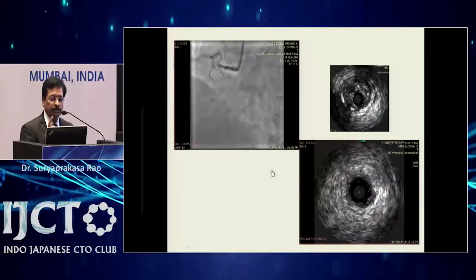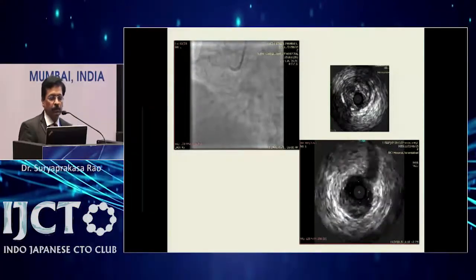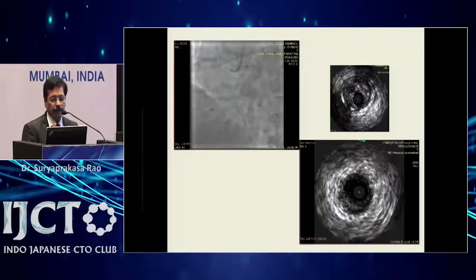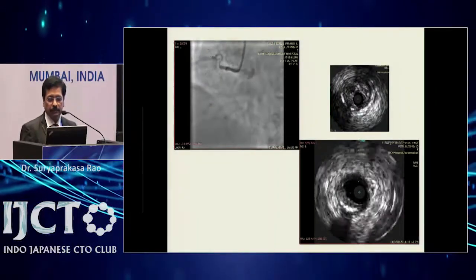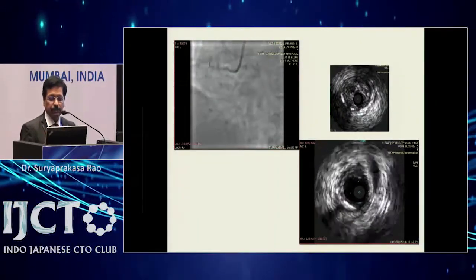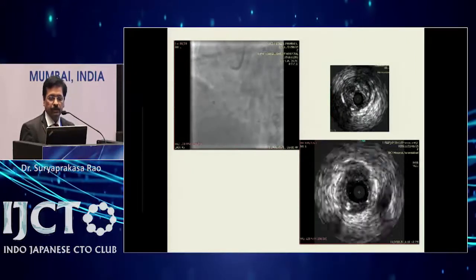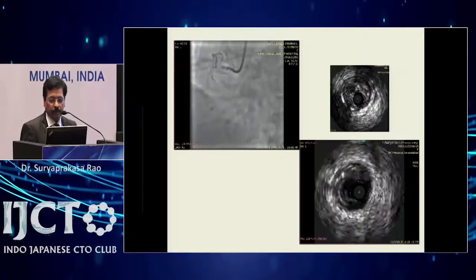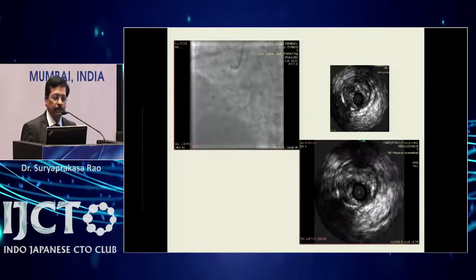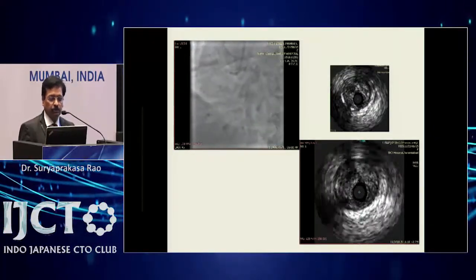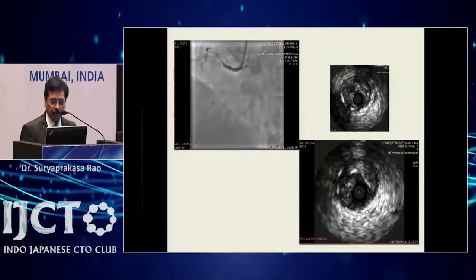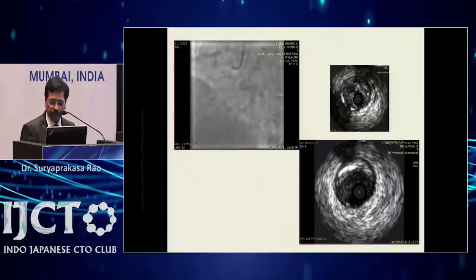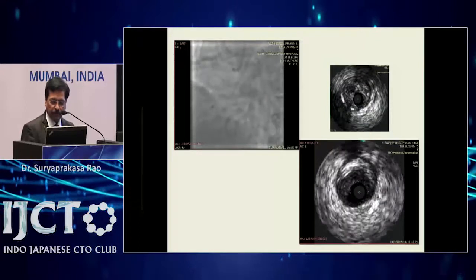This is the RCA. Take advantage of the conus artery, and you can put the IVUS catheter and slowly withdraw. You can see at the 11 o'clock position the proximal cap. Ideally, you should have 8 French to have both, and the puncture is easy. So the real time is down, but the fixed frame is up.